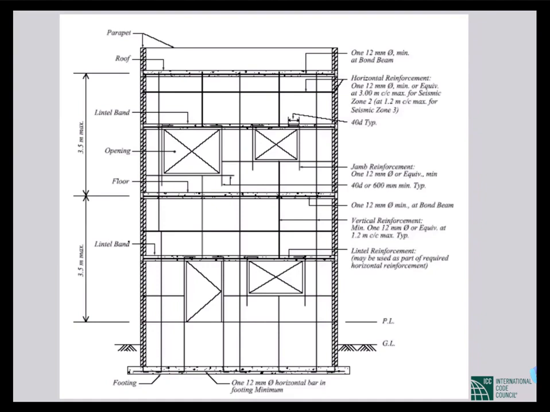Height limitation is also mentioned. Height cannot be more than 3.5 meters floor height, and at the side of the openings, the specification for reinforcement, development length, 40 bar diameter, is also mentioned. So all those details are shown in this figure.